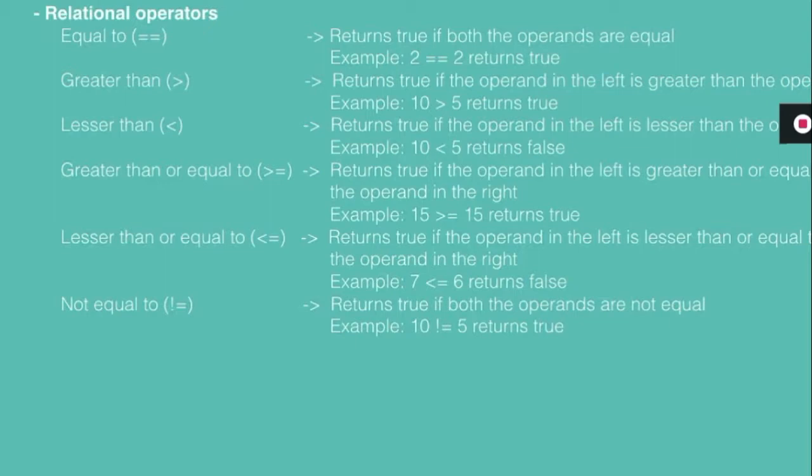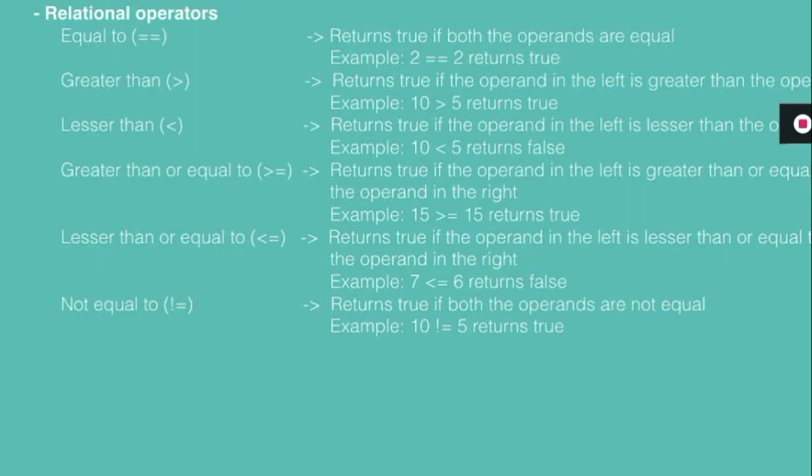So next is 10 is not equal to. Not equal to is often used when you have a condition for yes, and you also have a condition for no as well. So this is the condition where you have the opposite of the thing that is present.